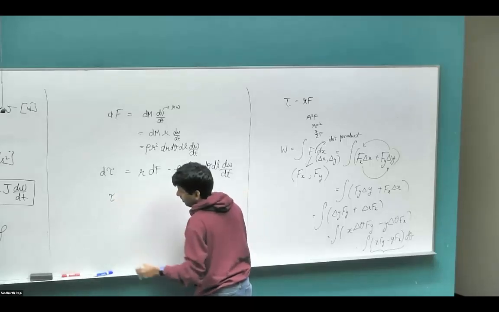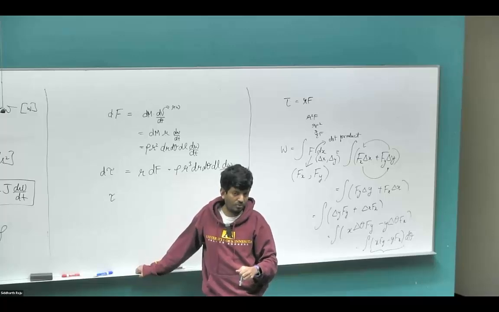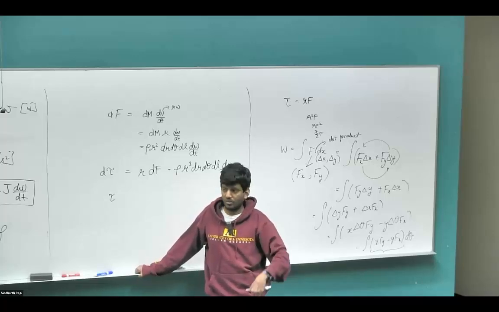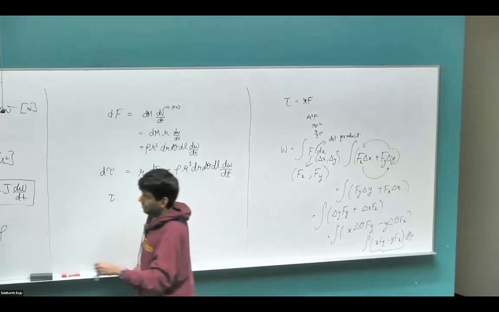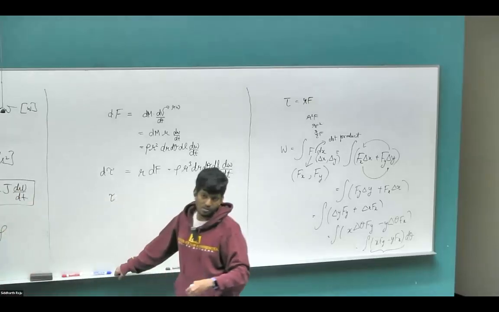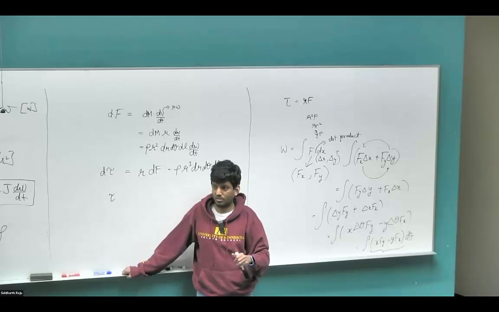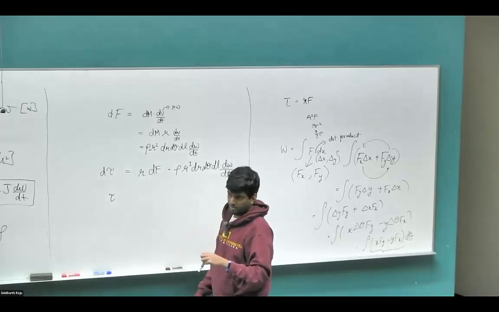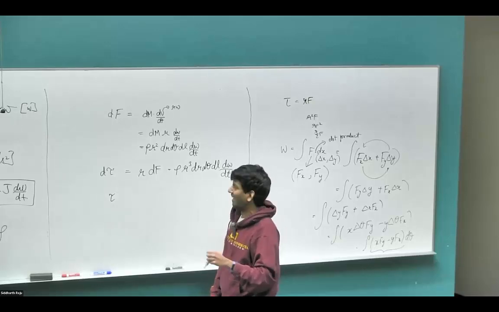How do I get the total torque? That's the incremental torque. What do I do to get the total torque experienced by this block of steel that's rotating about a central axis? Integrate across the entire radius, length, and the other dimension.